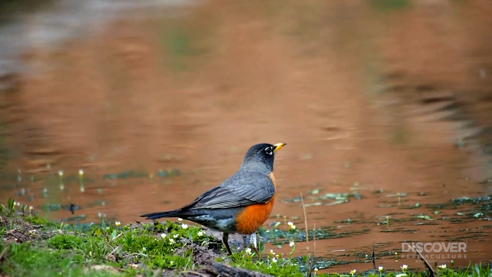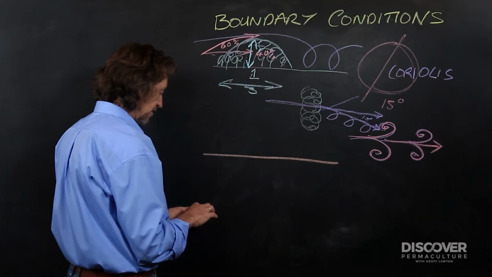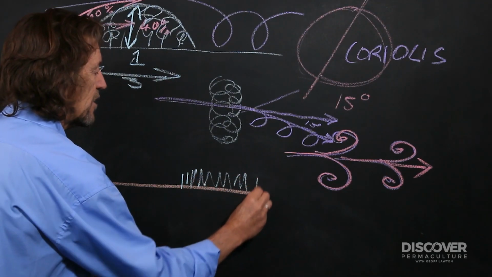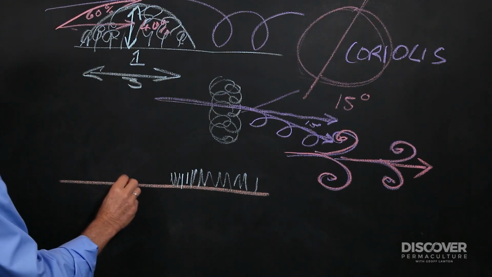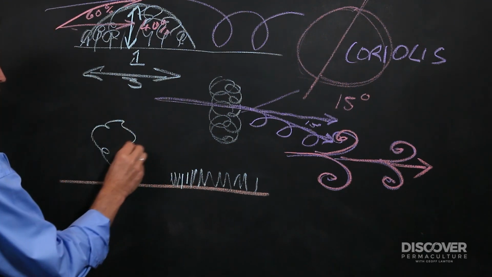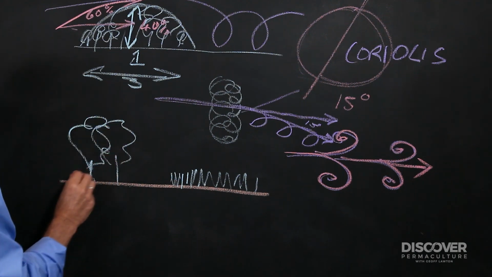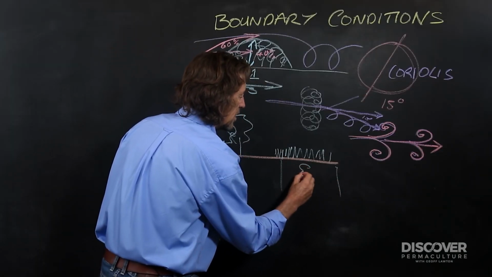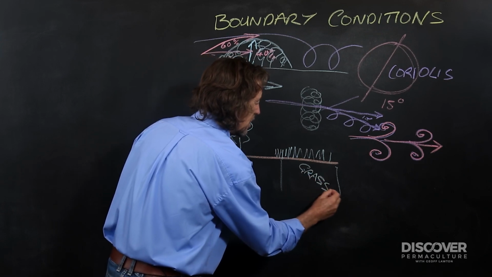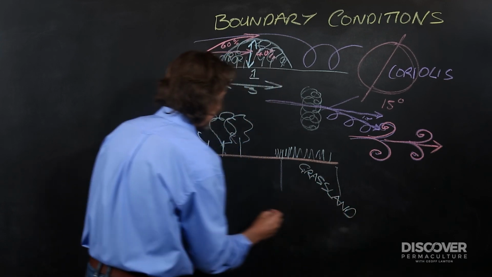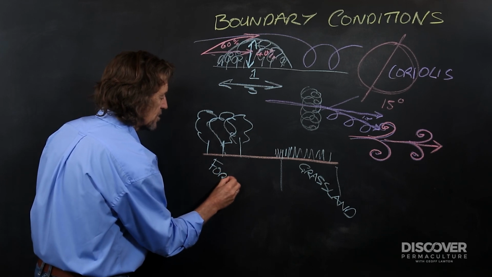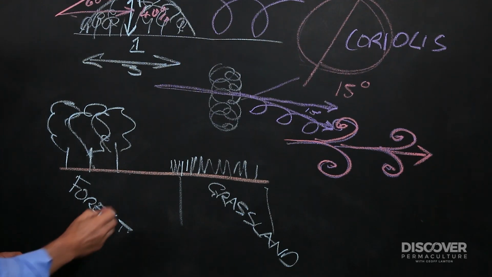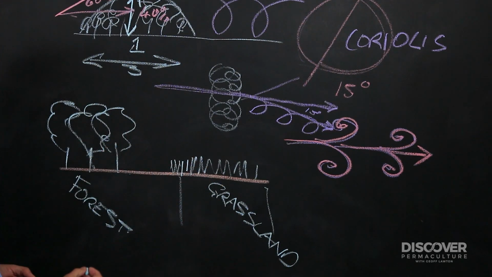So if we look at two very simple examples of ecosystem, we have a grassland like a savanna or a prairie, and then we have a forest. So here's grassland, here's forest. Two different ecosystems, simply explained, but it doesn't just turn from forest to grassland.